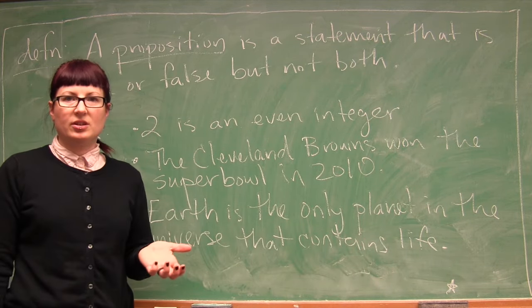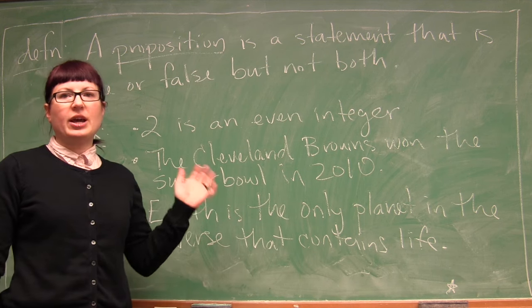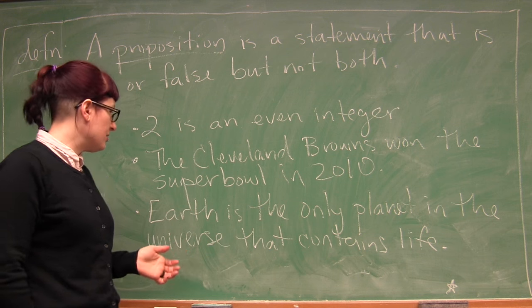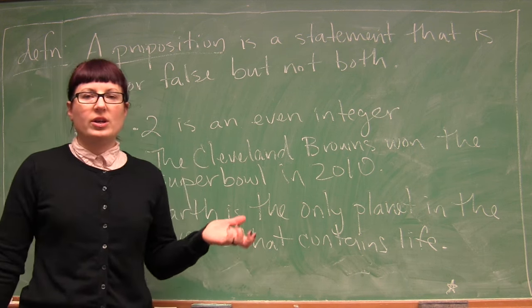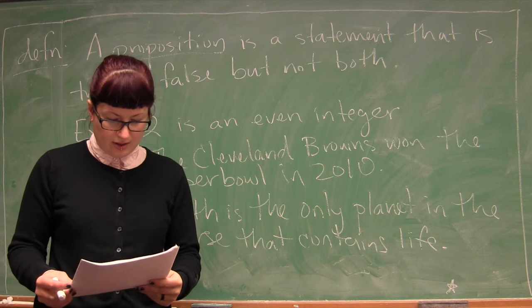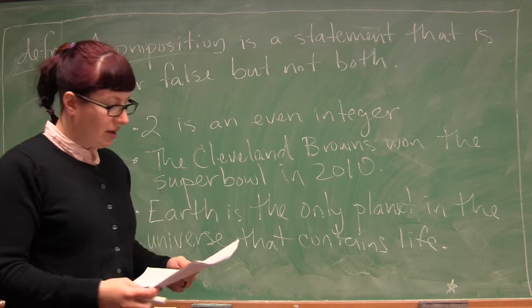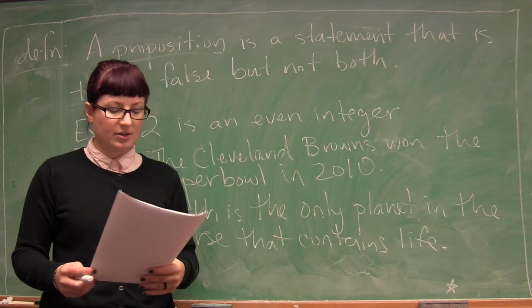Is it a proposition? Well, it is either true or false, but we don't actually know what the truth value is. Earth is either the only planet in the universe that contains life, or it's not. We don't know, but that's still a proposition. Cool. A couple of quick non-examples, examples of things that are not propositions.